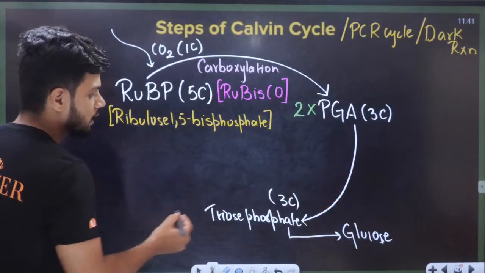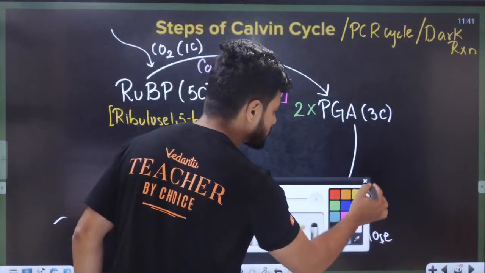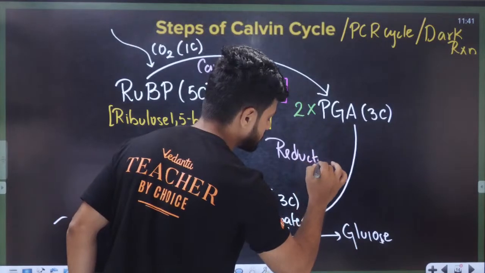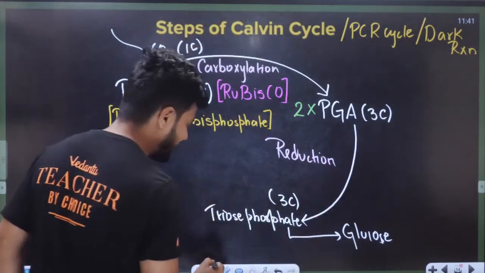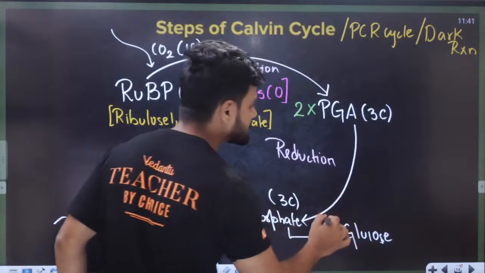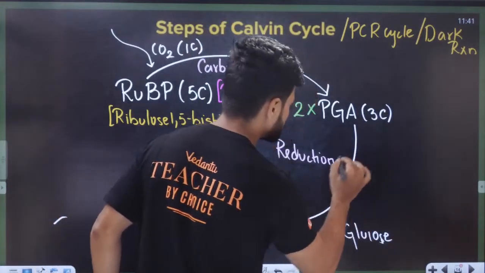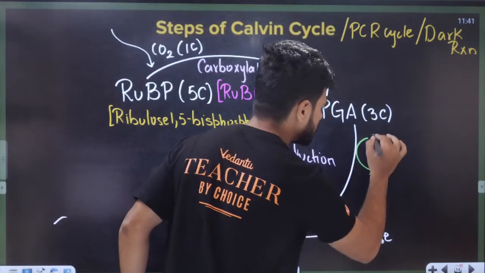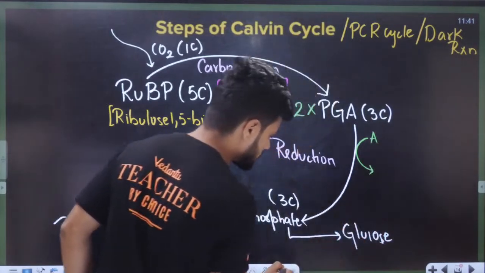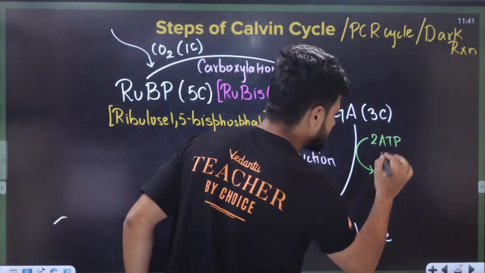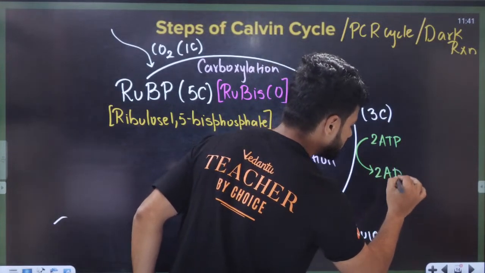Convert to glucose. Now this second process is called the reduction process, and in this process there is utilization of 2 ATP. 2 ATP is getting converted to 2 ADP.